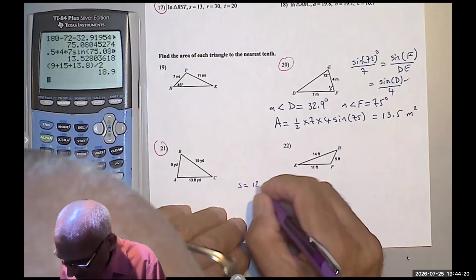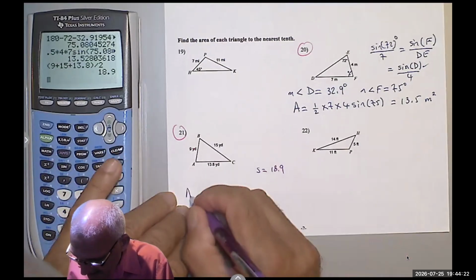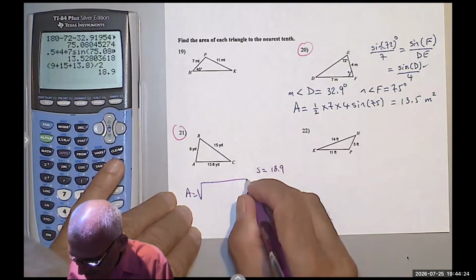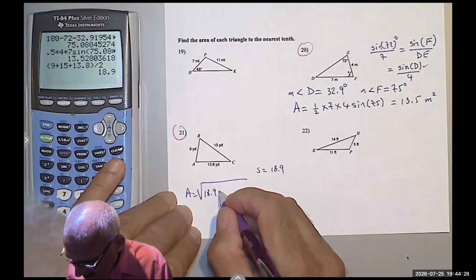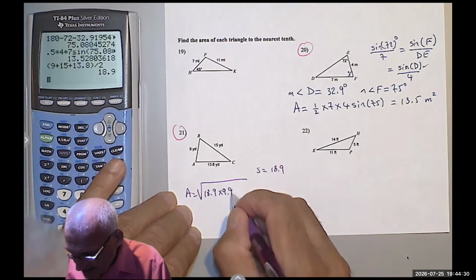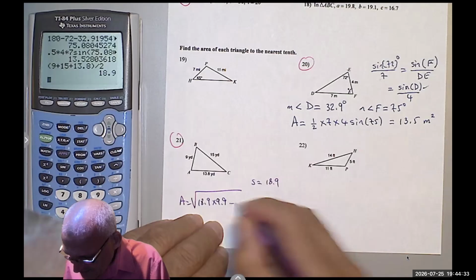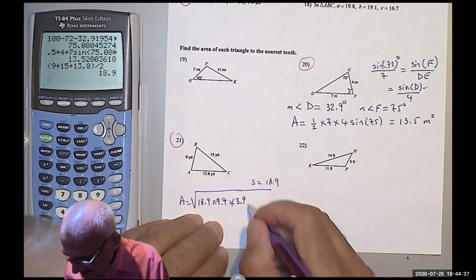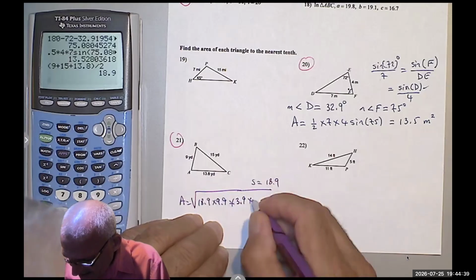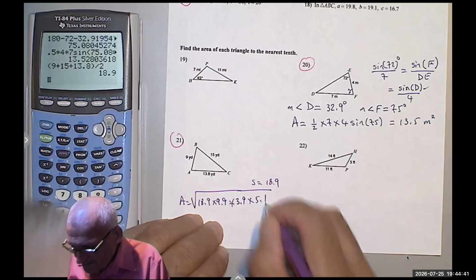It's 18.9. And you say the area equals the square root of 18.9 minus 9, meaning times 9.9, minus 15, so times 3.9, times this minus that is 5.1.